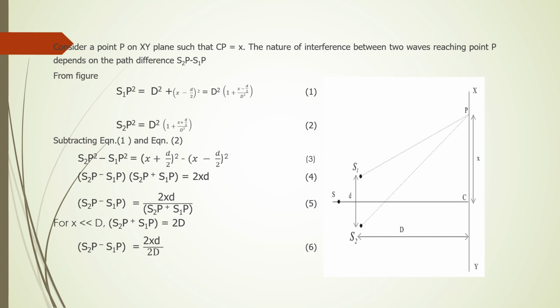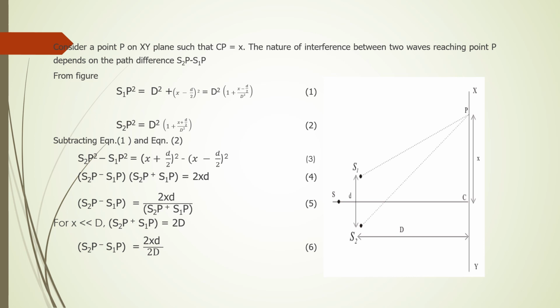Using a squared minus b squared equals (a plus b)(a minus b), we have (S2P minus S1P)(S2P plus S1P) equal to 2xd.